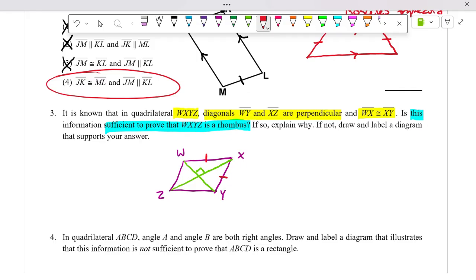We don't know that. They didn't tell us that. As it stands right now, we don't know that those two are congruent.